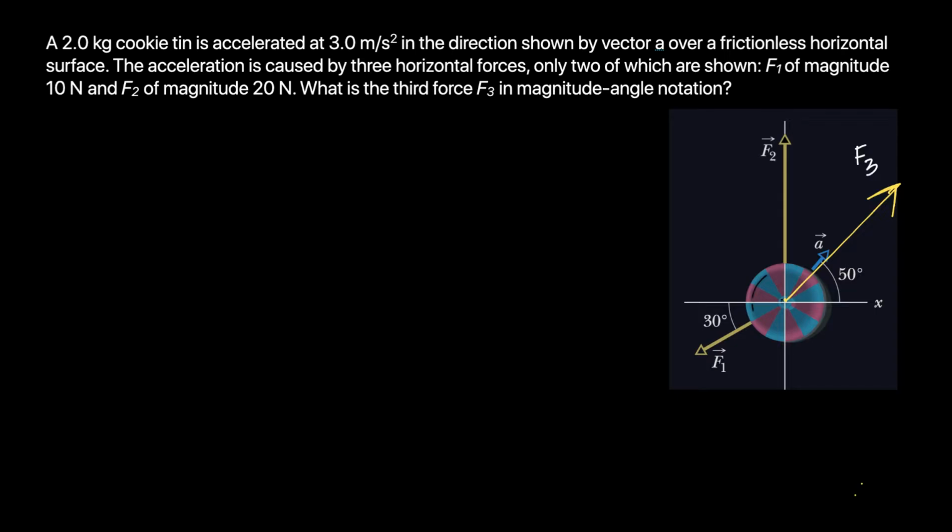So the first is, it has a net force acting on it, which is equal to F1 plus F2 plus F3. F3 is the force I need to figure out, but all of these forces combined give it a net force. What is that net force?